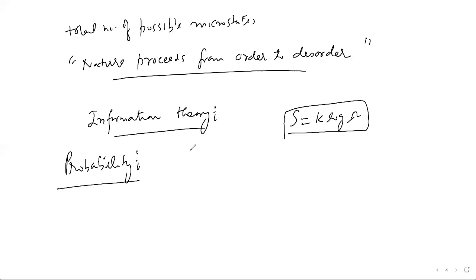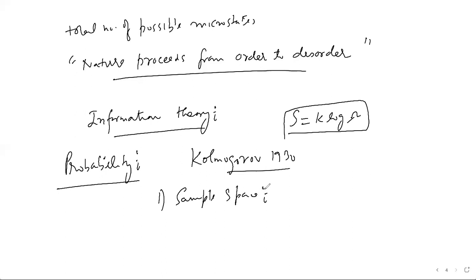So let's look at Kolmogorov's axiomatic approach. It was formulated in 1930. First of all, you need to define a sample space. What is the sample space? The sample space is the set of all possible outcomes of a defined experiment.